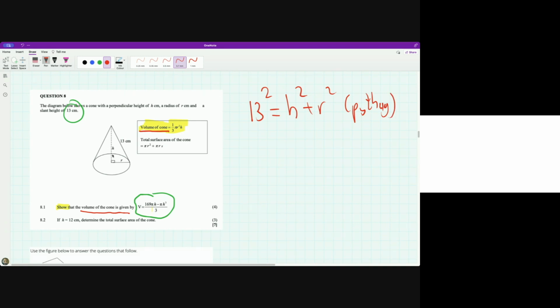Can I have a thumbs up if you followed what I did there? If you see there's a right angled triangle, there's the height, there is the radius, and there is the slant height. So all I'm saying is that because of Pythagoras, that must be true.